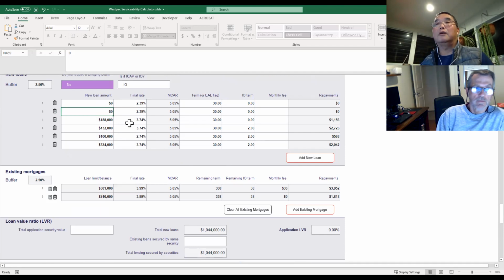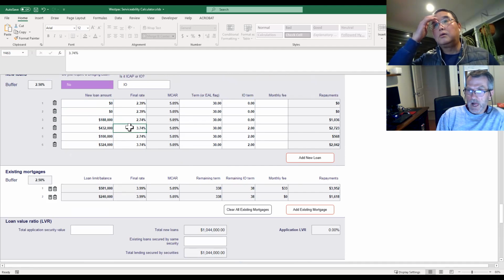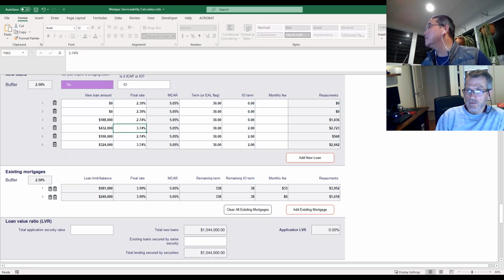Oh, you mean you keep this? Keep this? No, not keep those. You pay out this. And then change to P&I. Then you don't need to. What does that do with our repayments? Sorry, spreadsheet. Okay. Repayments will be less.